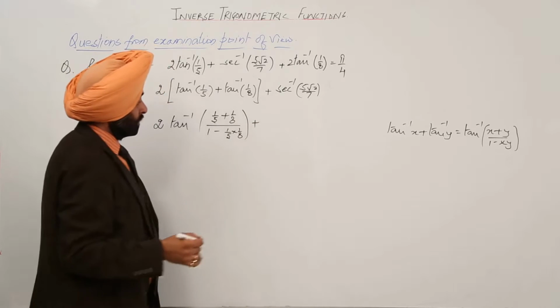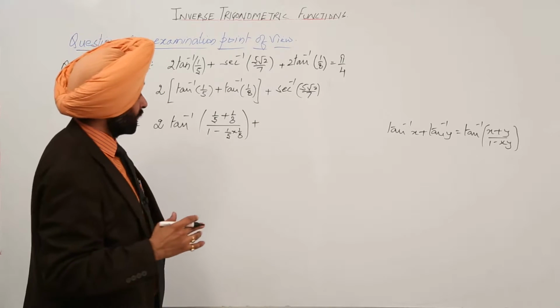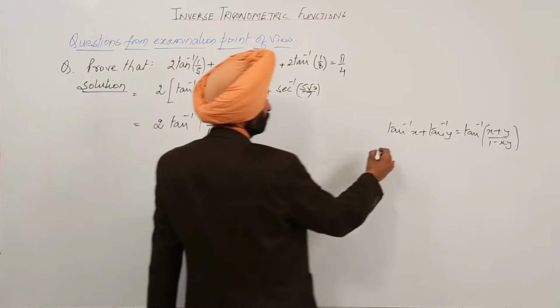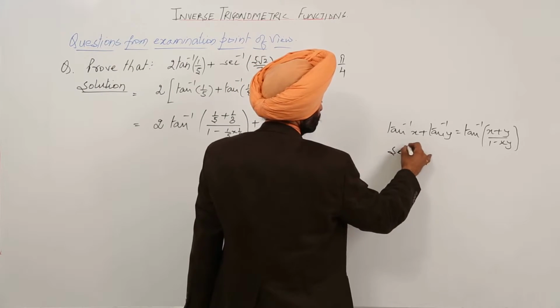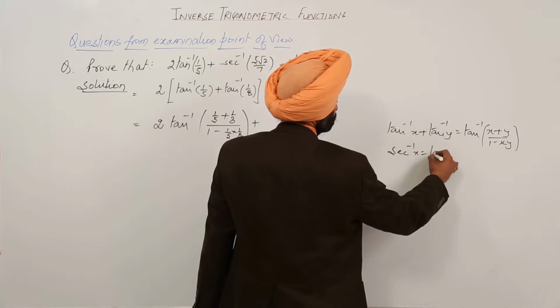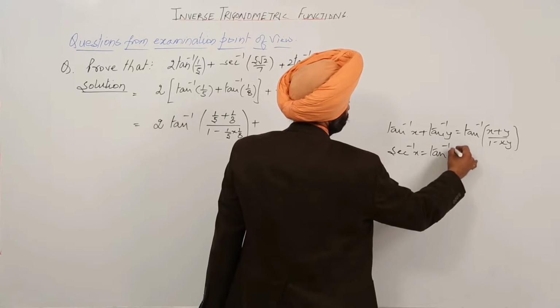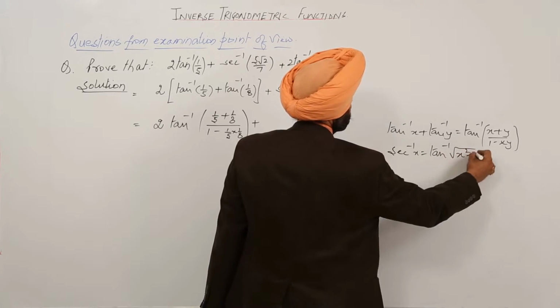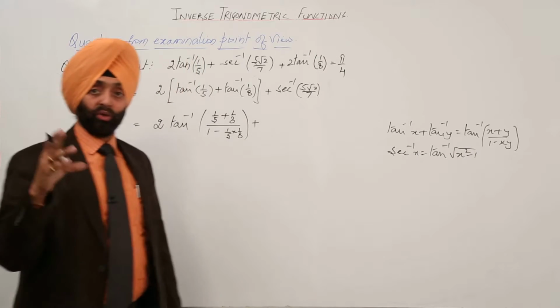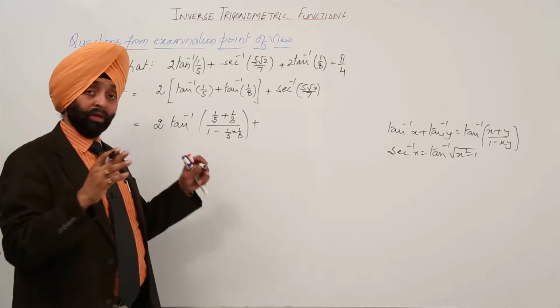Plus, now for secant inverse 5 root 2 by 7, we can write secant inverse x is equal to tan inverse root of x square minus 1. Or you can do one more thing also, you can just make a triangle.